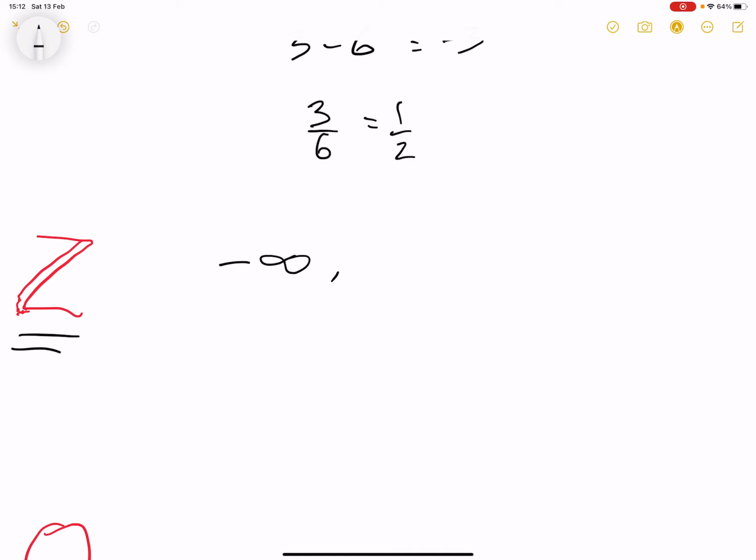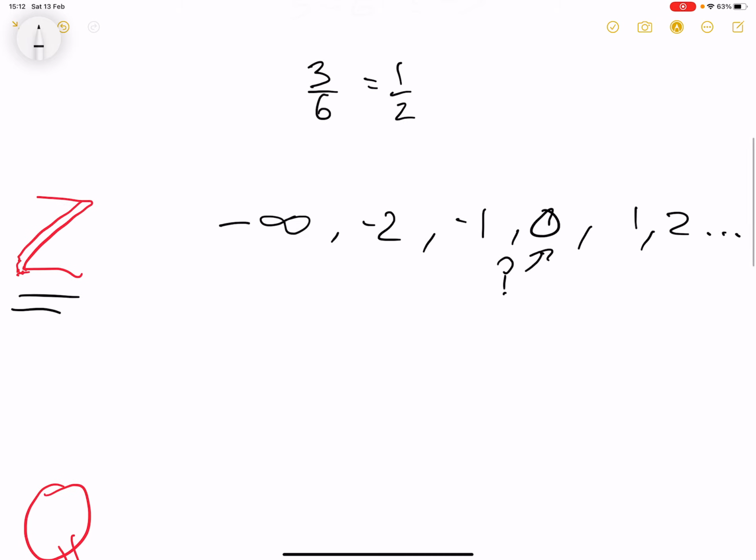But all the way from negative infinity, I'm just going to do scale negative 2, negative 1, 0, 1, 2, etc. 0, again, it's debatable, so I'm going to draw a little question mark, and we can now subtract, because if we do, once again, 3 minus 6 is minus 3, which is a member of the integers.